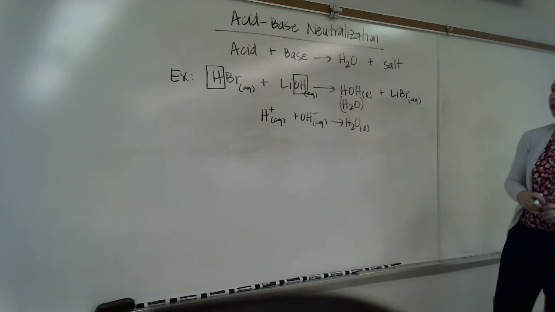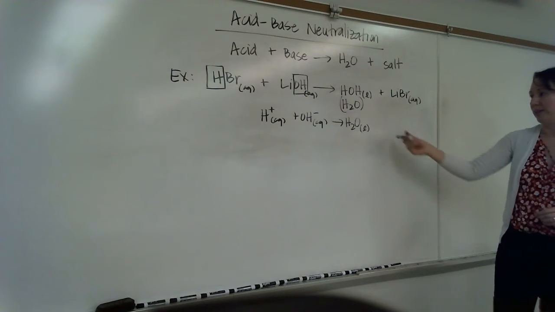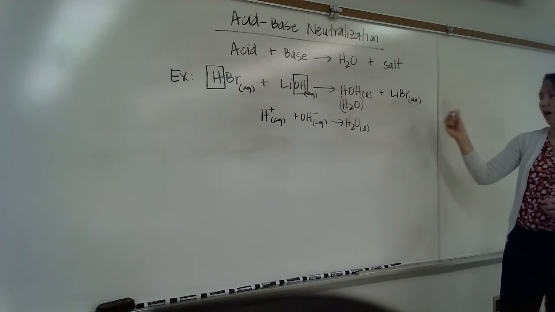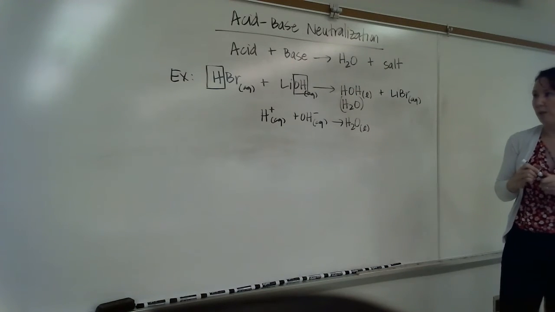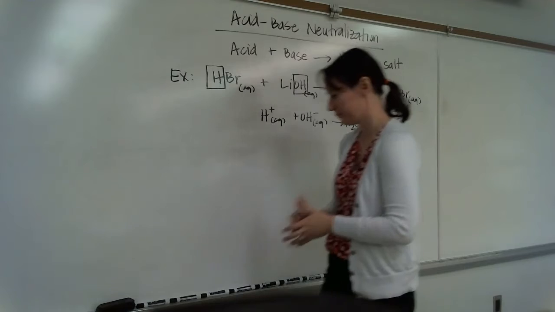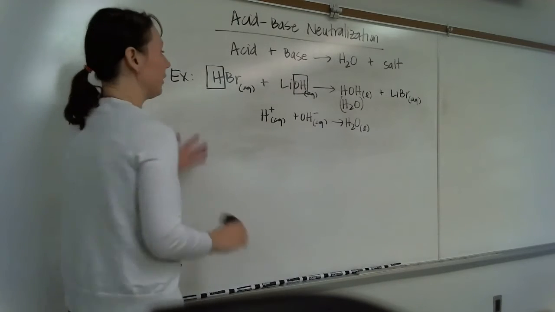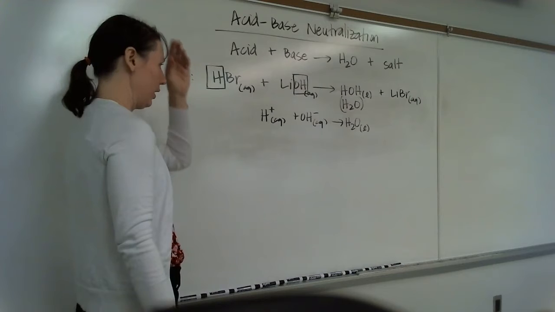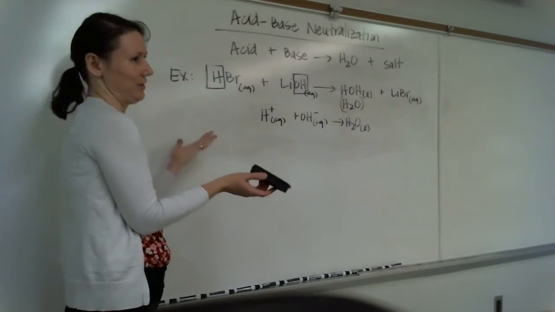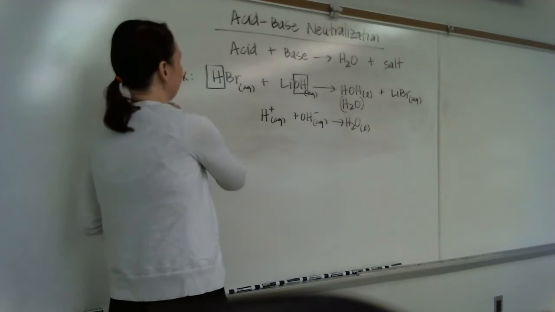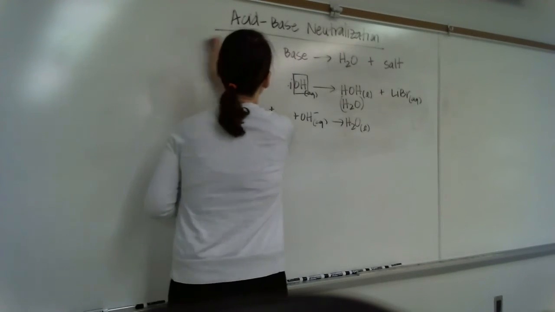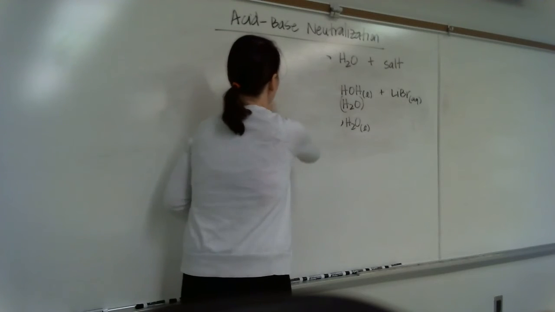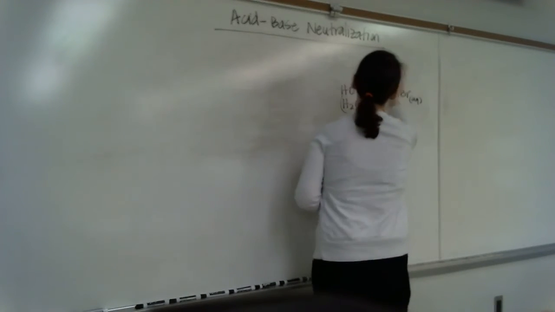So it's just a regular old double displacement, and then they're all going to have the same net ionic equation. Always. That's easy. So I'm going to give you a couple to try. This one worked out that it was already balanced for us. We didn't have to balance it. So before you go any further, you don't have to write the net ionic equation because it's the same every time. But write a balanced molecular equation. I'll give you a couple to try.